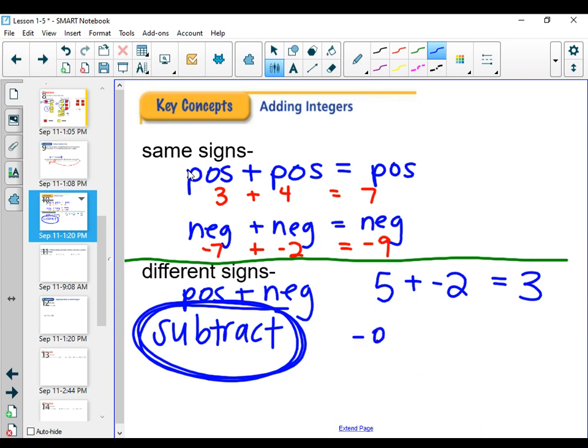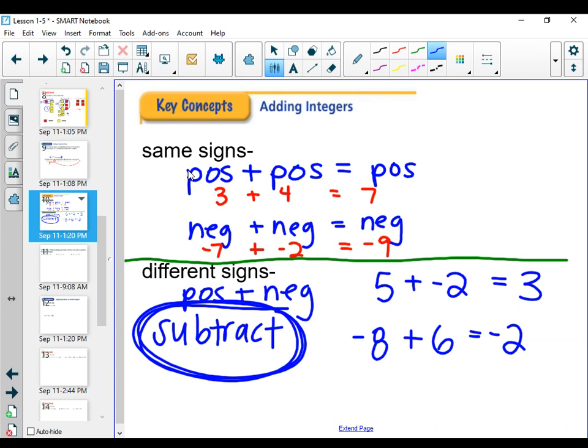If I have 8 negatives and 6 positives, the 6 positives subtract 6 negatives and leaves me with 2, but I do not have 2 positives left. I actually have 2 negatives.